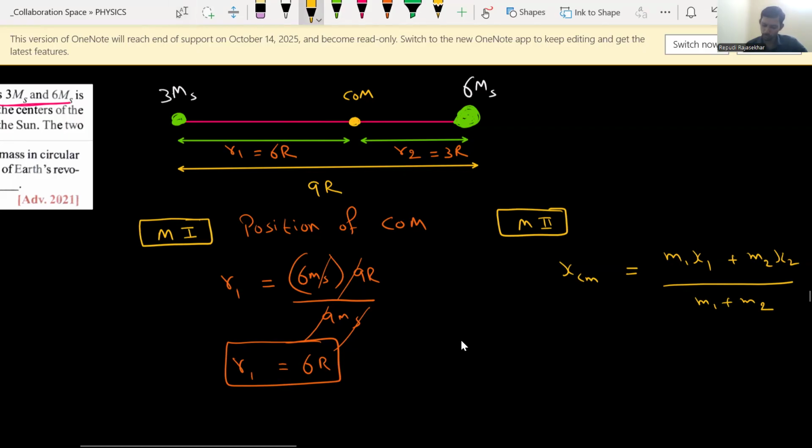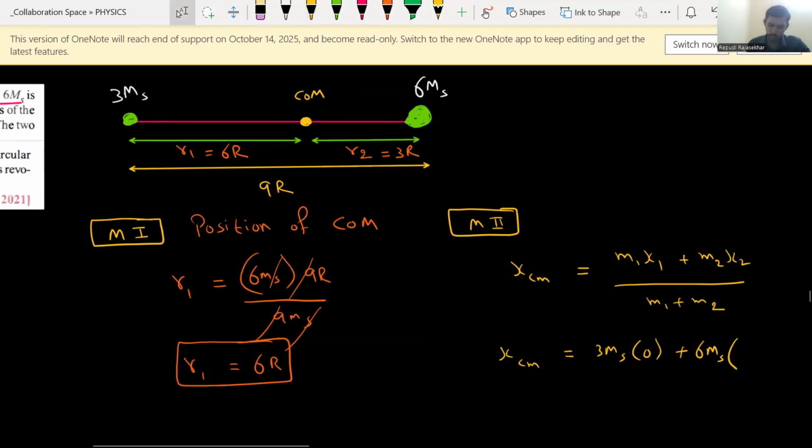Clear? If you want to verify, you can see XCM equals to, M1 value is 3 ms I am taking, and I am considering 3 ms is at origin, so that x1 becomes 0, plus M2 means 6 ms, and what is the x2 value? From the origin, 6 ms is at a distance 9r.